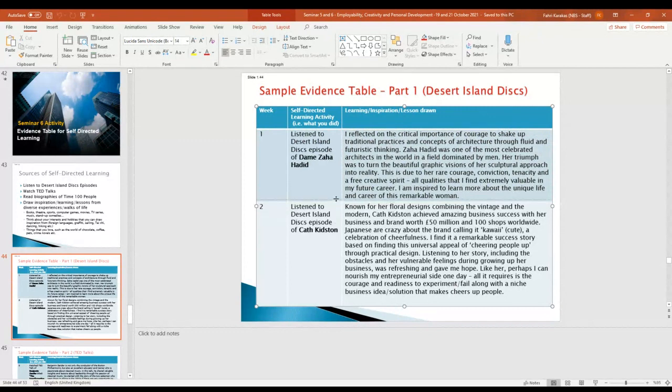And then I listened to the Desert Island Discs episode of Kat Kidston, known for her floral designs. She had amazing business success, a £50 million brand, 100 shops. Japanese are crazy about the brand, calling it kawaii, cute, a celebration of cheerfulness. So this is a remarkable success story.